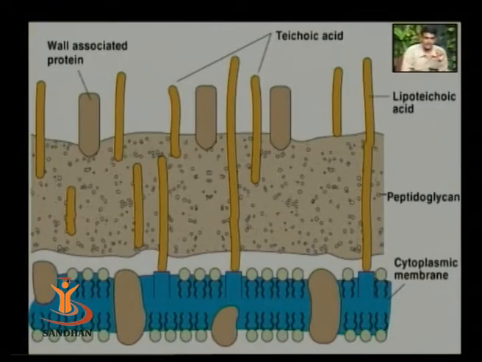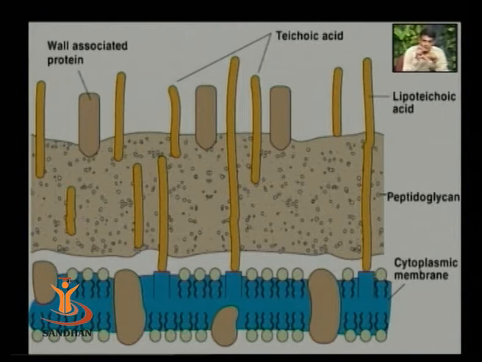If you see in detail, if you see the lipoteichoic acid in the diagram, it is connected to the cytoplasmic membrane, and some teichoic acids are simply present in the peptidoglycan layers.